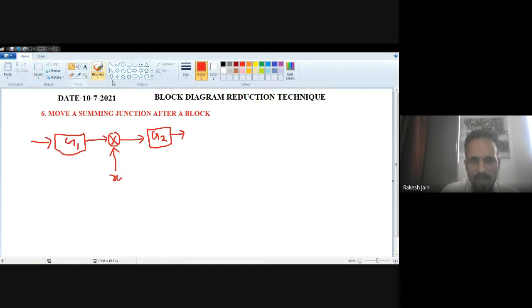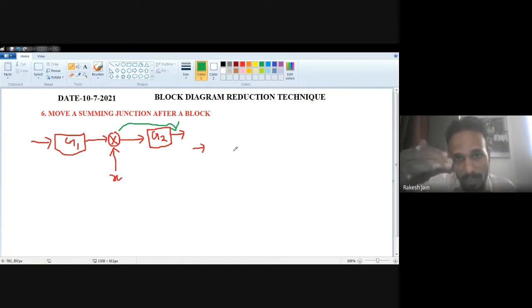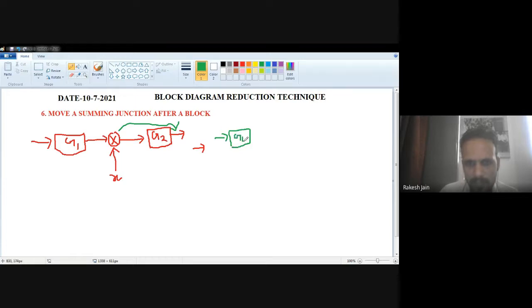So remember, I just want to move this summing junction after this block. Just opposite to the pickoff point, whenever a summing junction moves after the block, then that block will become direct. In the pickoff point, whenever the pickoff point moves after a block, then the block will come in reciprocal manner. But here it will become direct. So the first block is G1 as it is. Then, because this summing junction will move after the block, this total thing will be moved after this G2 block.